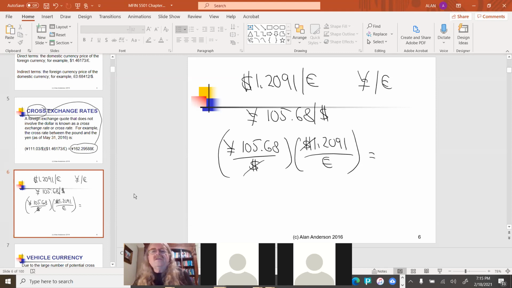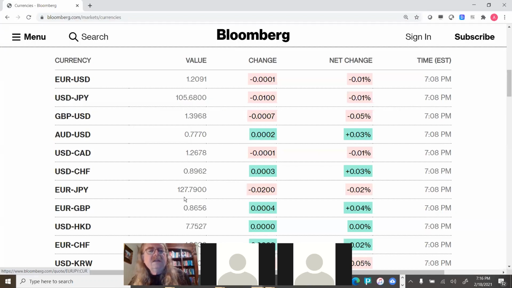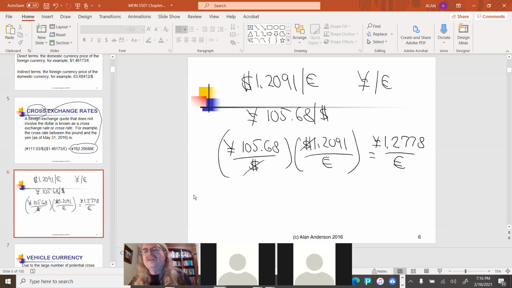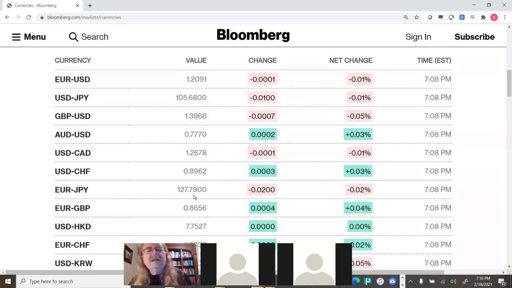And so what I'm doing here is multiplying 105.68 times 1.2091 to get 127.78, let's say, yen per euro. Okay, and if we look at the quotes, that's more or less, yeah, I mean, except for slight rounding differences, that's what that represents.